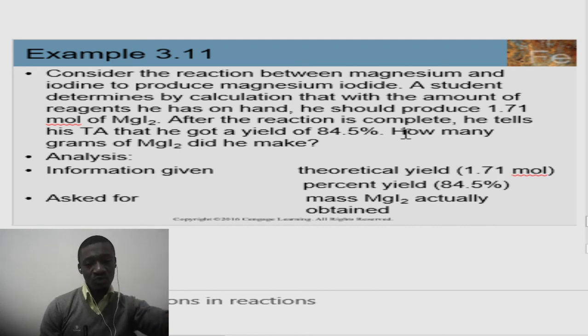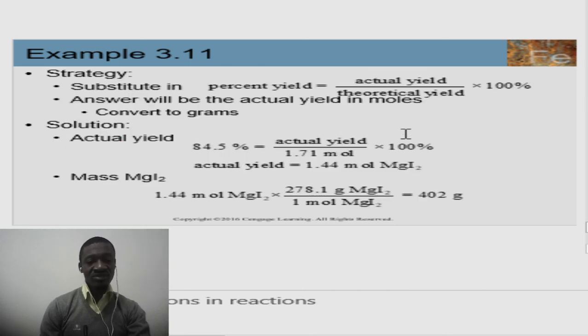And from what he actually got, we can now get the mass. If we get the mole of what we actually got, we can get the mass from the mole, given that we know that mass is equal to molar mass multiplied by number of moles. So let's just get right into it. Given the percentage, we just multiply this by the percentage divided by 100, and we have 1.44 mole. It's just straightforward from the formula, because the actual yield is what is here.